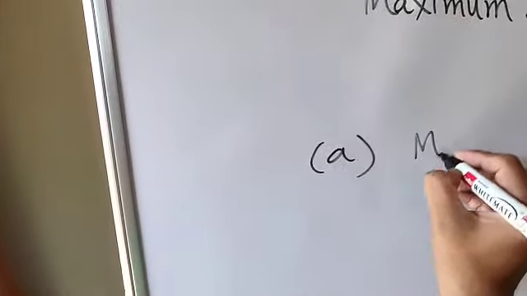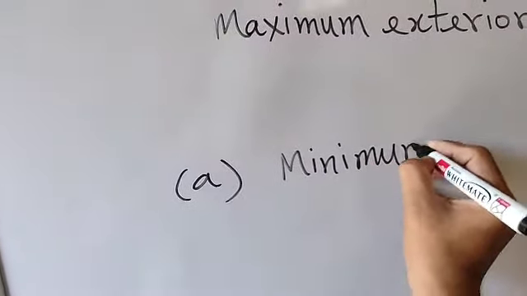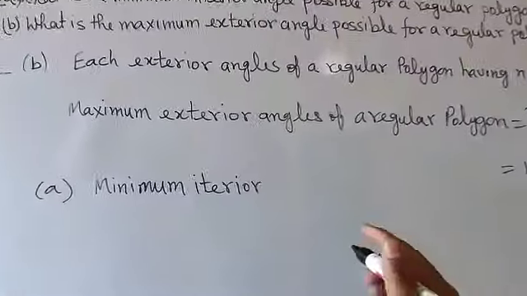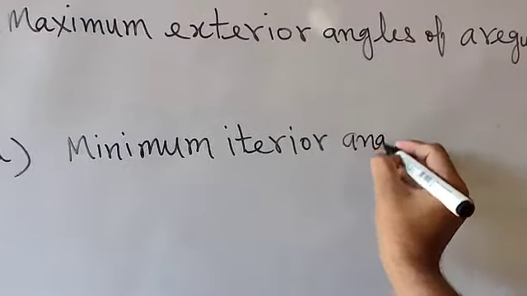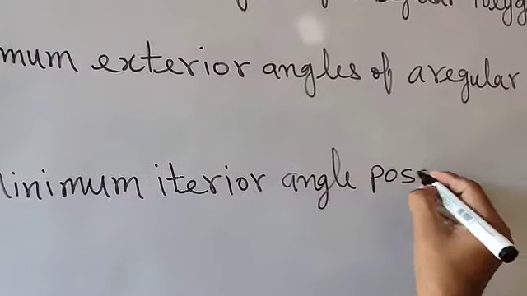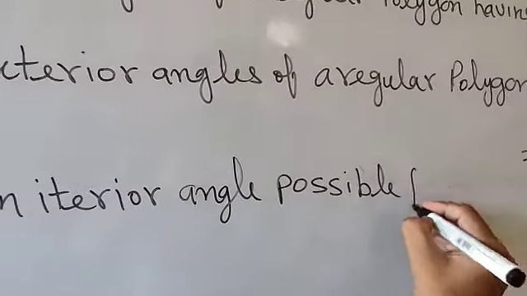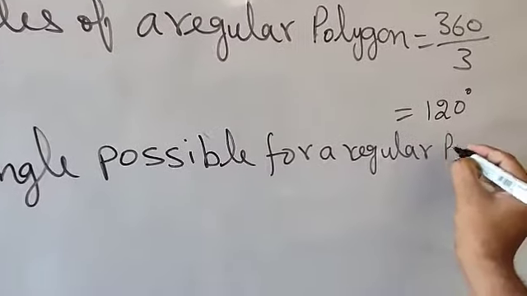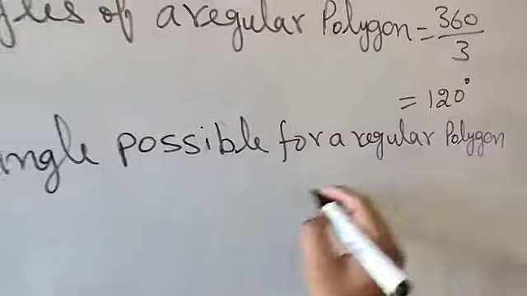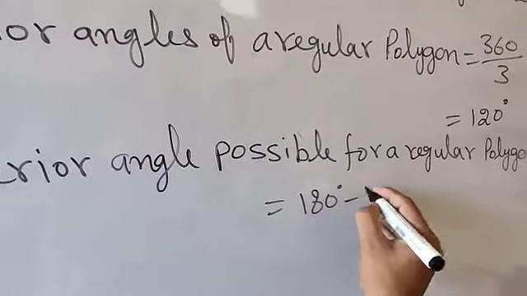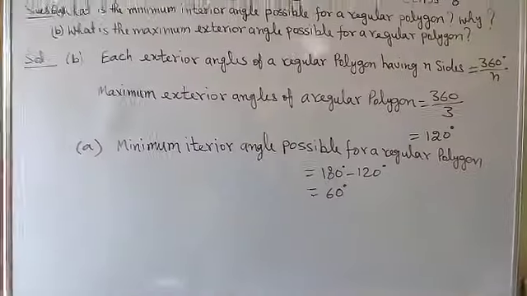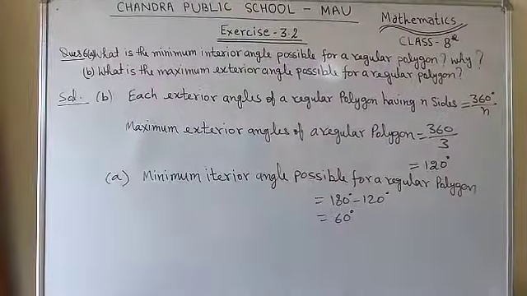Here you will write: minimum interior angle possible for a regular polygon is equal to 180 degrees minus 120 degrees, that is equal to 60 degrees.